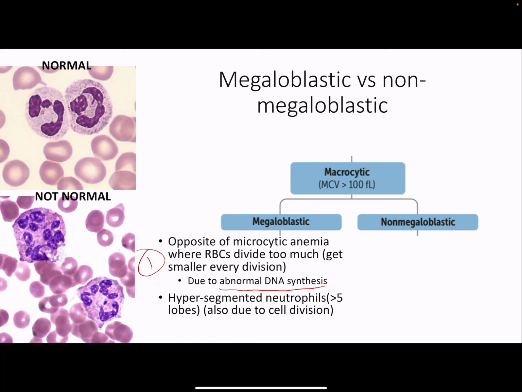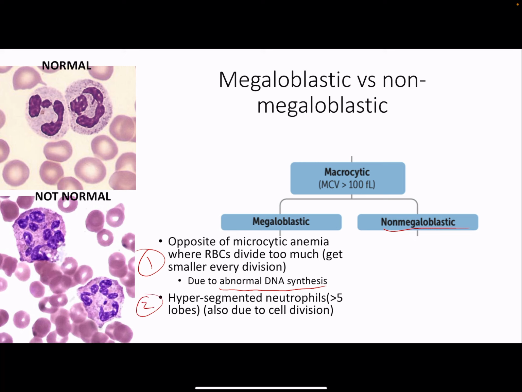It's a fully mature red blood cell, and then it gets pushed out. But if they don't have enough of the DNA precursors, they can't do synthesis, they can't do replication, and so that makes them too large. So that is a feature of megaloblastic, despite the fact that the non-megaloblastic is also large, but it's not anything to do with DNA synthesis.